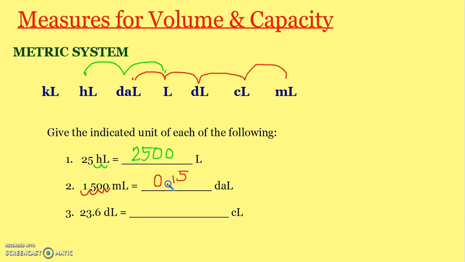And the last but not the least for this topic, 23.6 deciliter to be converted into centiliters. Deci to centi, katabi lang niya. One jump to the right, one place to the right. 23.6 becomes 236. And that's it. Next.